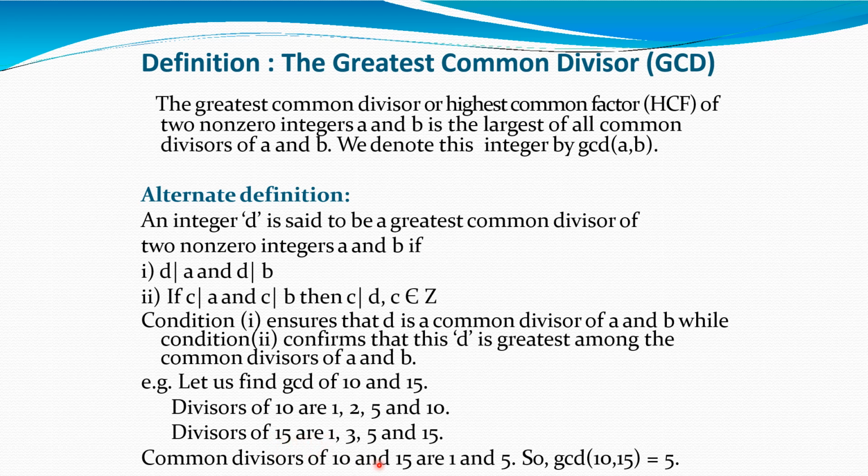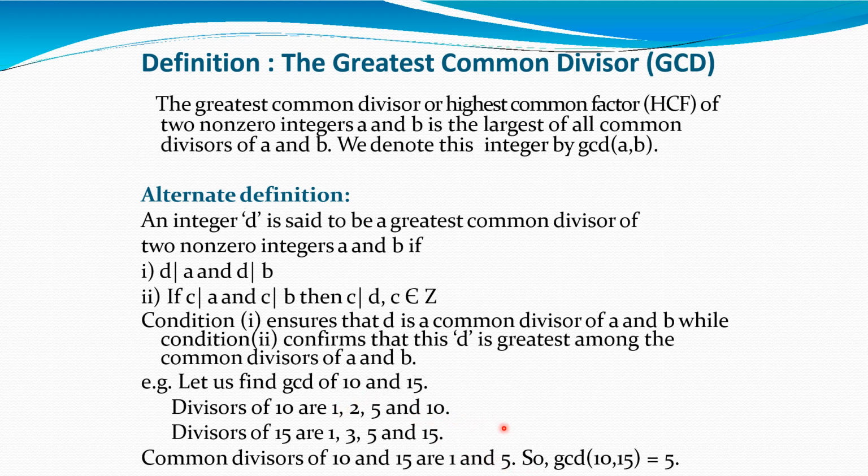So the common divisors are 1 and 5 only. Now out of these common divisors, 1 divides 5 and 5 divides 5. It means both the common divisors are dividing 5. So what is the GCD of 10 and 15? It is equal to 5.